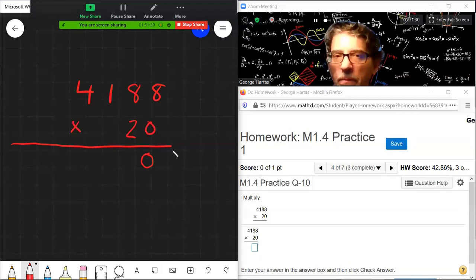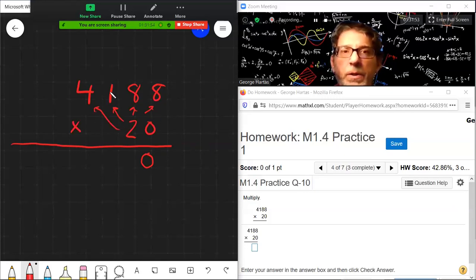Then you continue multiplication starting with the next digit to the left, which is in the tens place. So here's the sequence. From the tens place, you're going to multiply with that, and that, and that, and that.